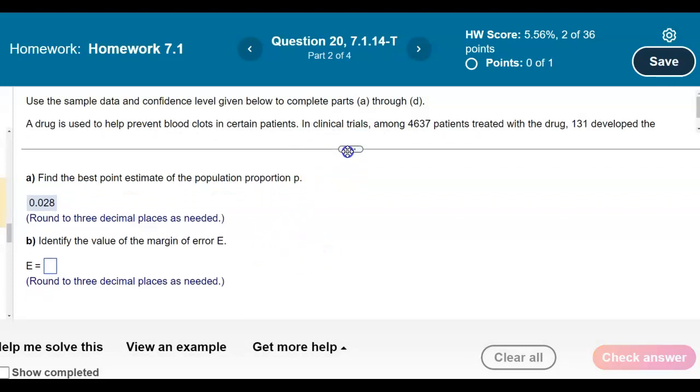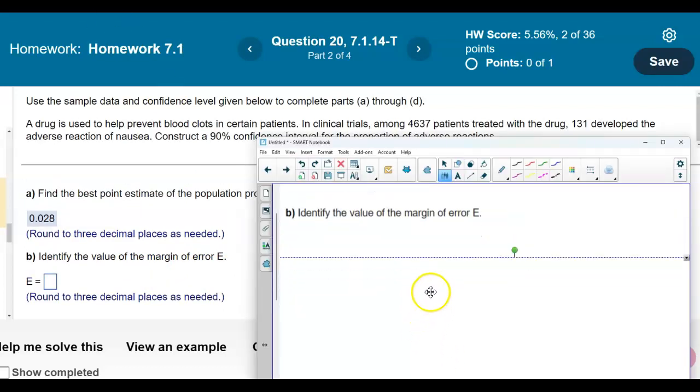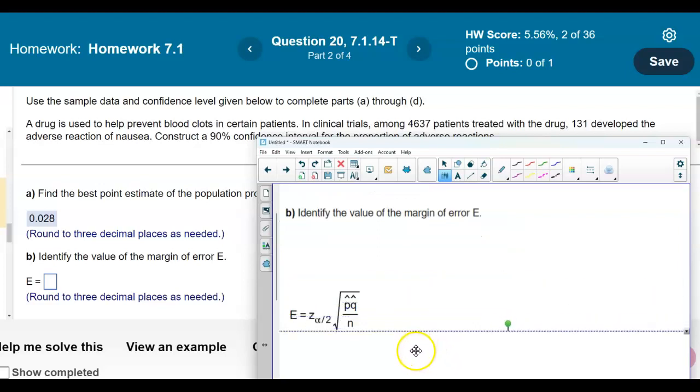Now we need to identify the value of the margin of error. In order to find the margin of error, there are a few things we need to know. In the formula, the margin of error is equal to the critical z-value times the square root of the point estimate times the complement of the point estimate over the sample size n. We know the sample size n is 4,637.